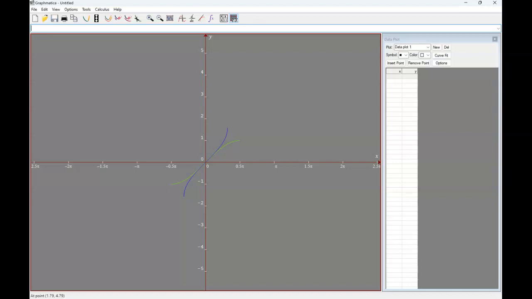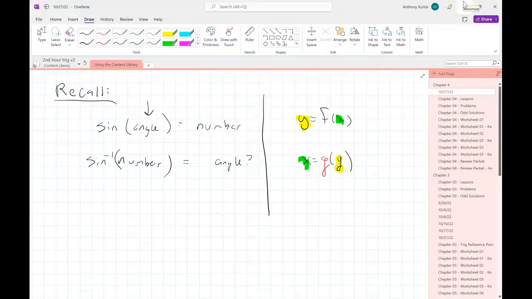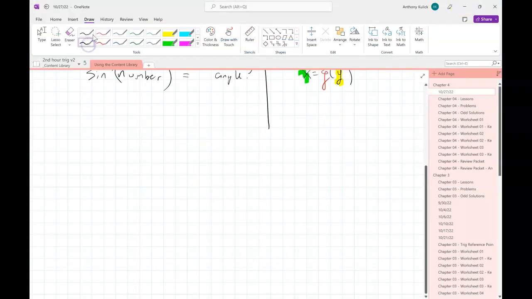Okay? So let's summarize a little bit of what we did here. We have the function sine of x. The domain for sine of x is all real numbers, and its range was from -1 to +1.